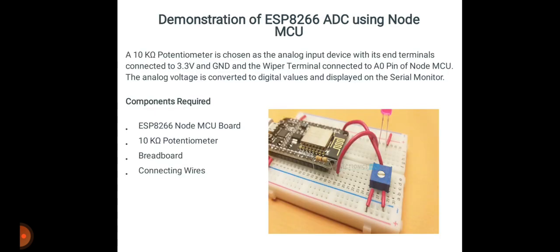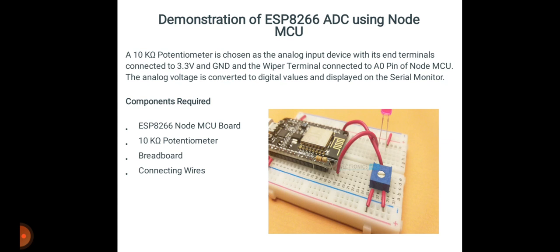The next one is a demonstration of the ESP8266 ADC using Node MCU. Suppose you have an ESP8266 Node MCU board, you can directly use the ADC pin, that is the A0 pin, for reading analog voltages in the range of 0 volt to 3 volt. Let us now build a small circuit for the demonstration of the ADC function.